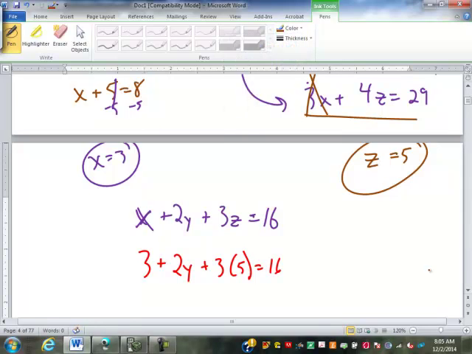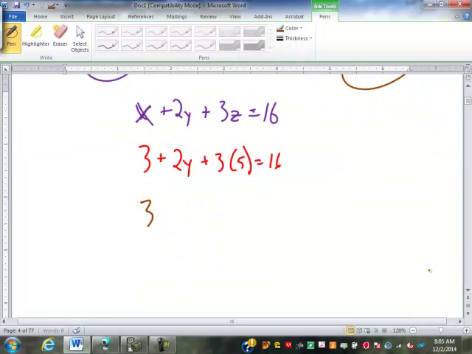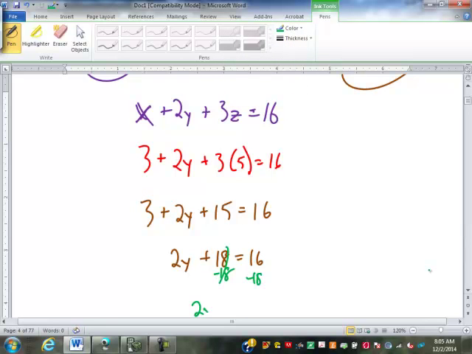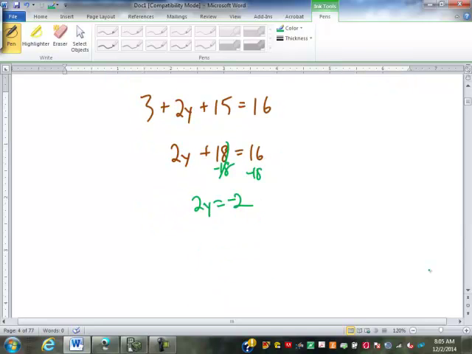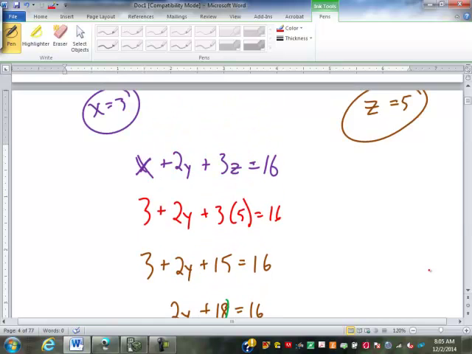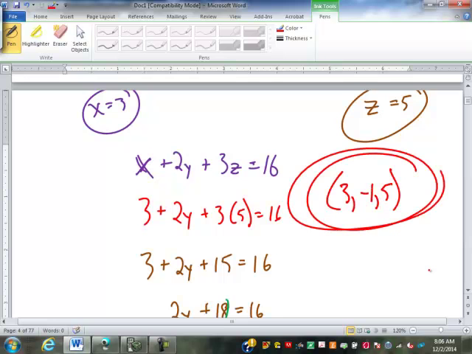So we have 3 times 5 is 15. So combine the 3 and the 15 to make 18. And then we subtract 18. 2y equals negative 2. And finally, we divide by 2. y equals negative 1. So x is 3 when y is negative 1 and z is 5. The exact same answer we got with substitution, which is good because the answer shouldn't have changed.